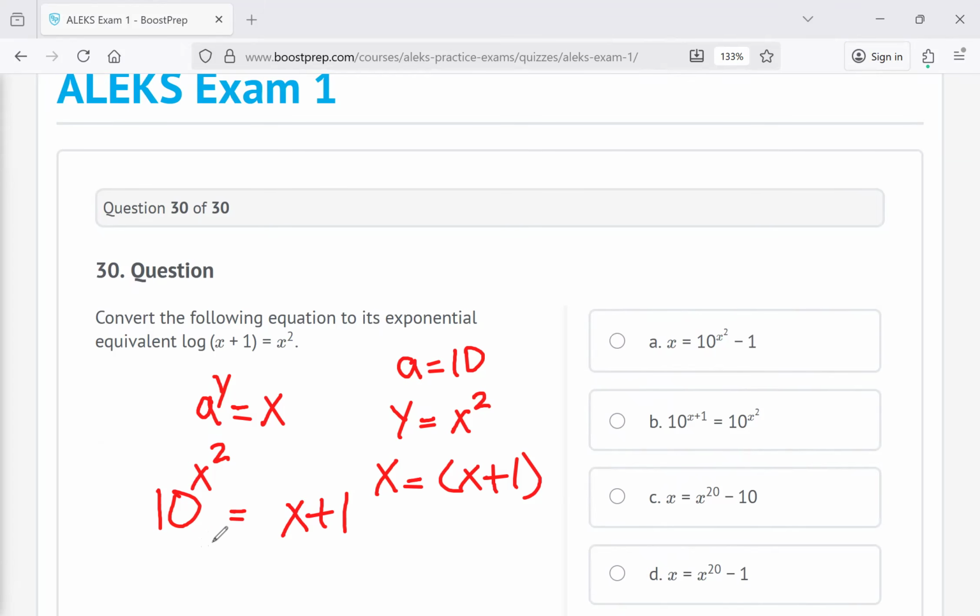If you look at all the choices, they solve for x, so I'm going to have to subtract 1 from both sides. And I get x equals 10 to the x squared minus 1. This one, right? A. 10 raised to the x squared minus 1.